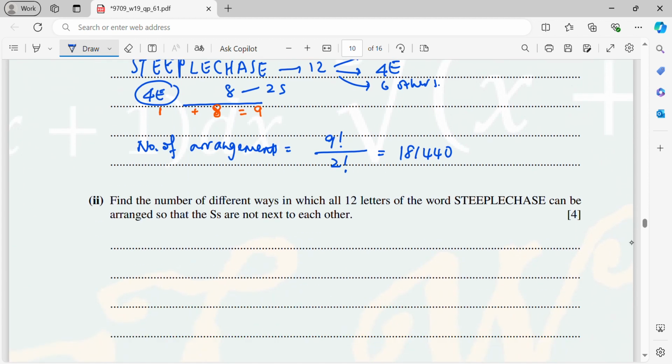Now part 2, find the number of different ways in which all 12 letters can be arranged so that the S's are not next to each other.